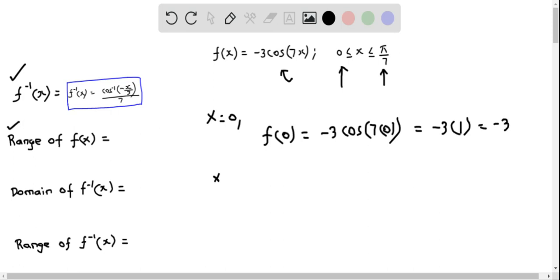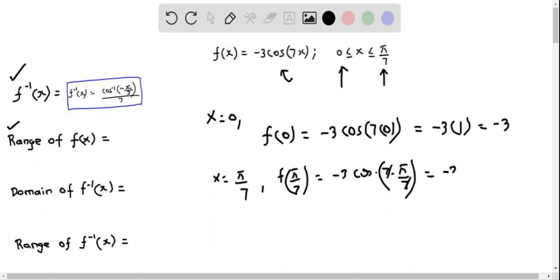And when x equals pi over 7, f of pi over 7 equals negative 3 times cos of 7 times pi over 7. These two get cancelled and we get negative 3 times cos pi. The value of cos pi is negative 1, so this becomes negative 3 times negative 1, which is positive 3.